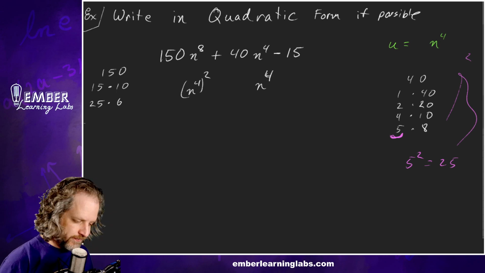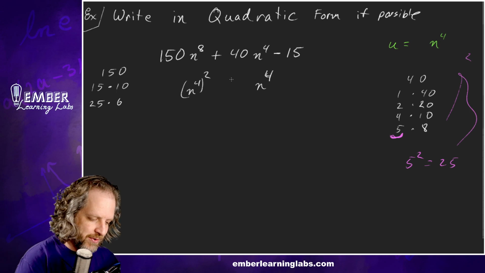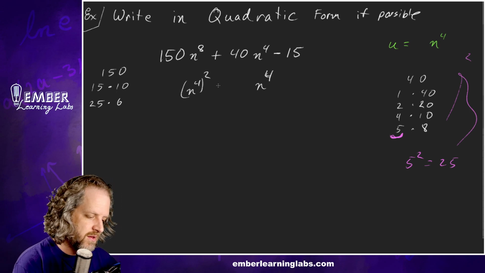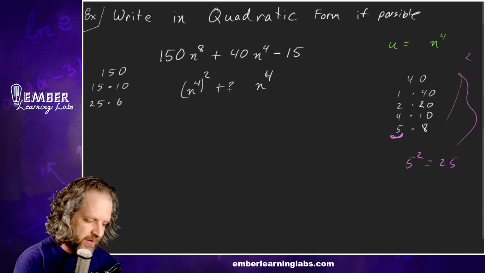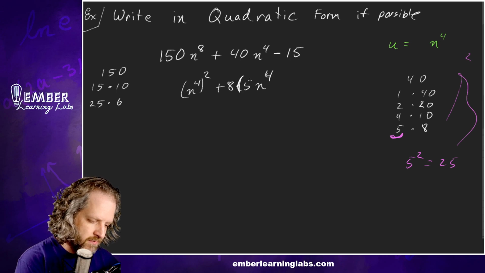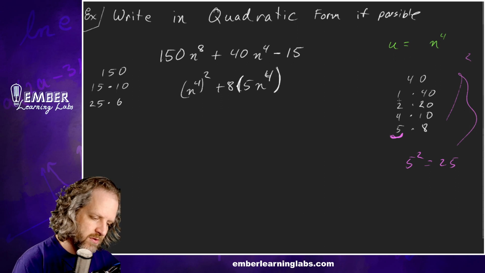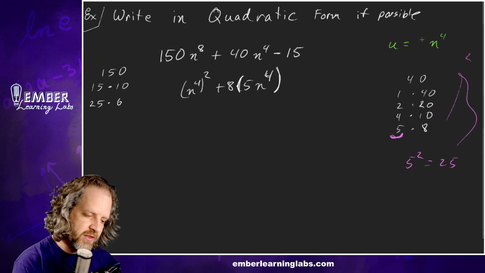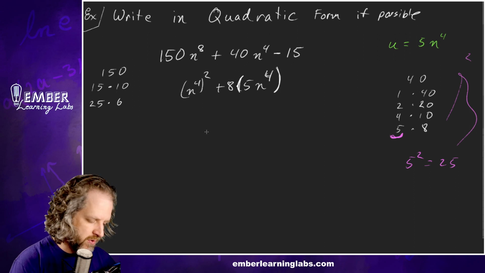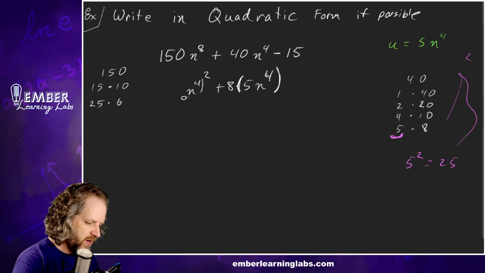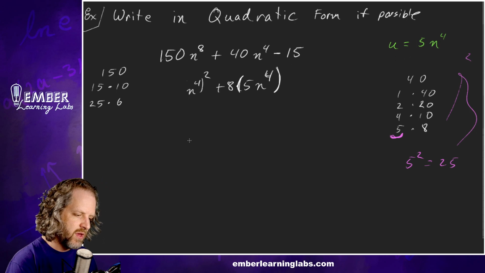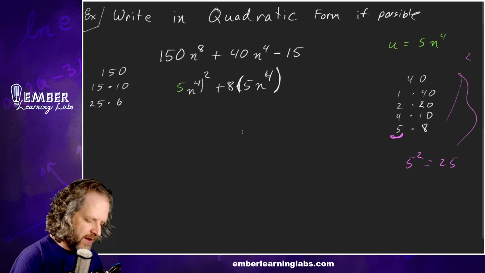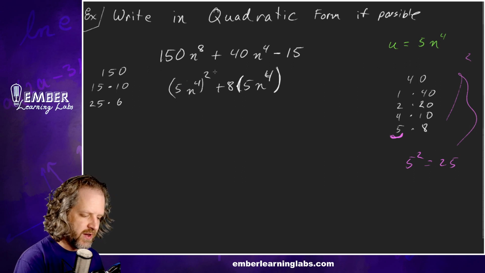Okay. So this is how we're going to write this. So plus 8 times 5. So we're saying that u is going to be 5 to the 4th. Okay, so let me erase this. So if I put a 5 here, 5 squared is 25.